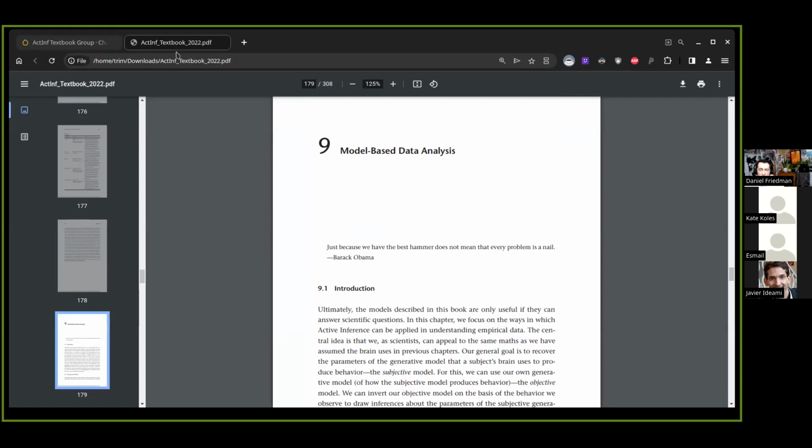Even just however in-depth people have read this, what would they expect such a chapter to cover? What would somebody want this type of chapter to cover? What does this title bring up for people? Or the quote from President Obama?